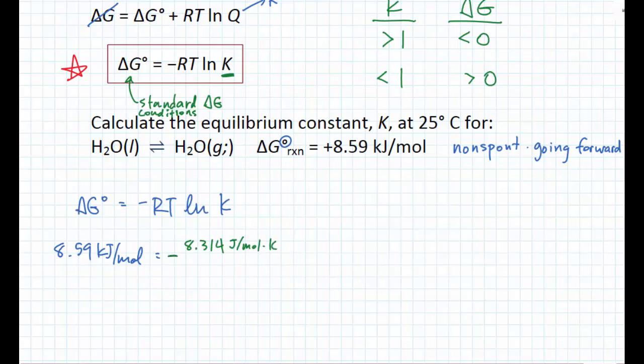Yep, we're going to have a minus there. But what can you already see about units here? Yep, so we probably better divide by 1,000, 1,000 joules per kilojoule.